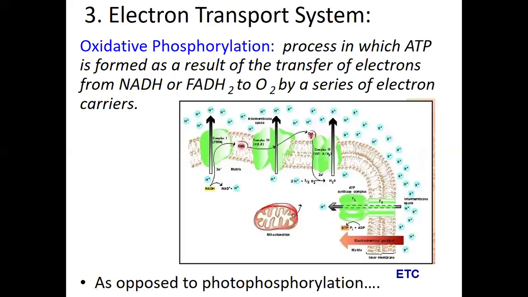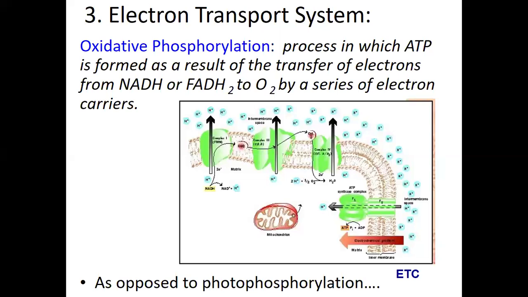If you look at the stretch of the electron carriers, we have complex 1, complex 3, and complex 4, and then we have the ATP synthase complex that helps in the production of ATP.